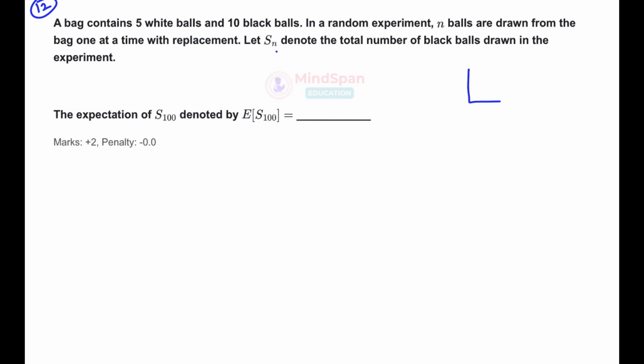So in the bag we have 5 white balls and 10 black balls, and we are drawing from this bag with replacement, right? So how can we think of this kind of problem? Simplify this problem using some simple random variable.